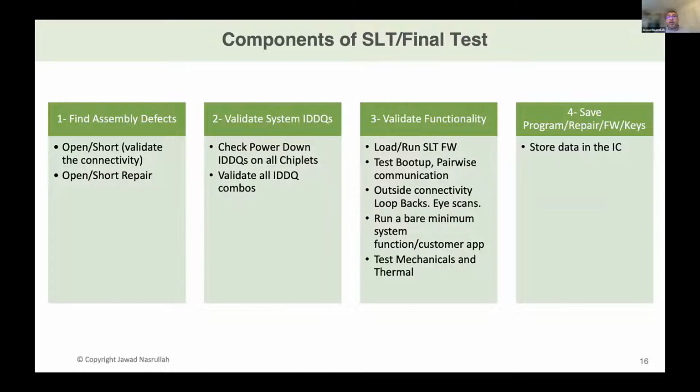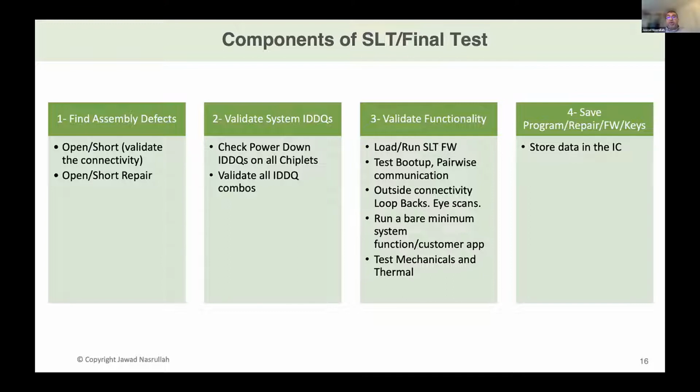The next one, generally in this system level test, is validation of the functionality, which is to load the system level debug firmware, do a boot up, check for pairwise communication across various components in chiplets, and then start doing outside loopbacks, eye scans, and things of that nature.